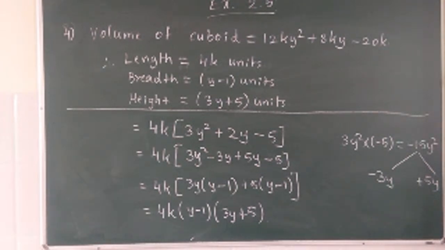So in place of 2y we insert those two terms, and after simplification we get 4k into y minus 1 into 3y plus 5. So we consider one term as length, another as breadth, another as height. Your length is 4k units, breadth is y minus 1 units, and height is 3y plus 5 units.